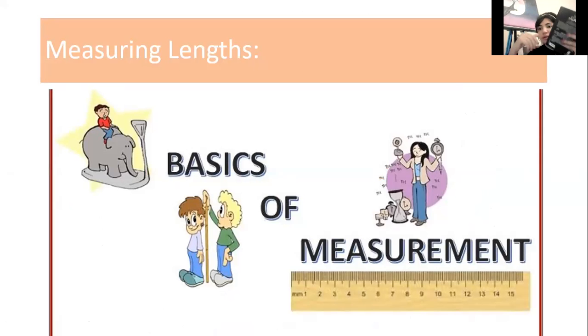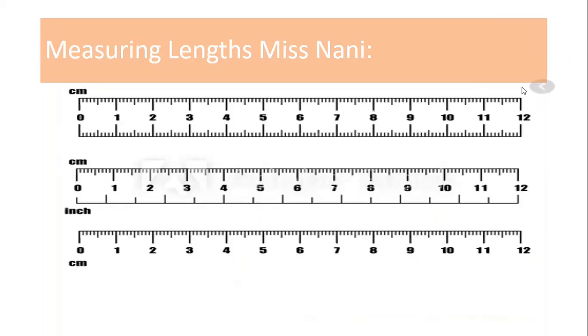Okay, so this book, what's its length? We have to know how to measure any length. These are rulers to measure. This is centimeter. From 0 to 1, this is 1 centimeter. From 1 to 2, 2 centimeter. From 0 to 3, 3 centimeter. From 0 to 4, 4 centimeter.